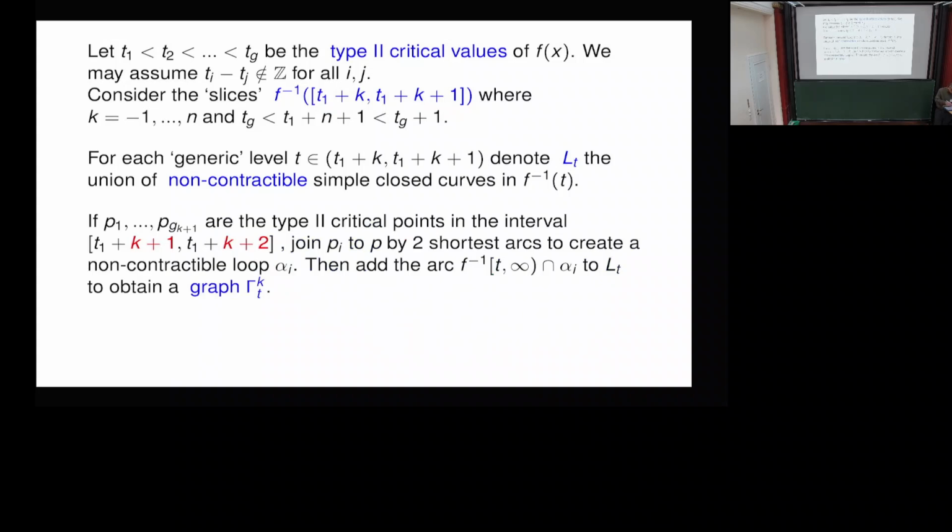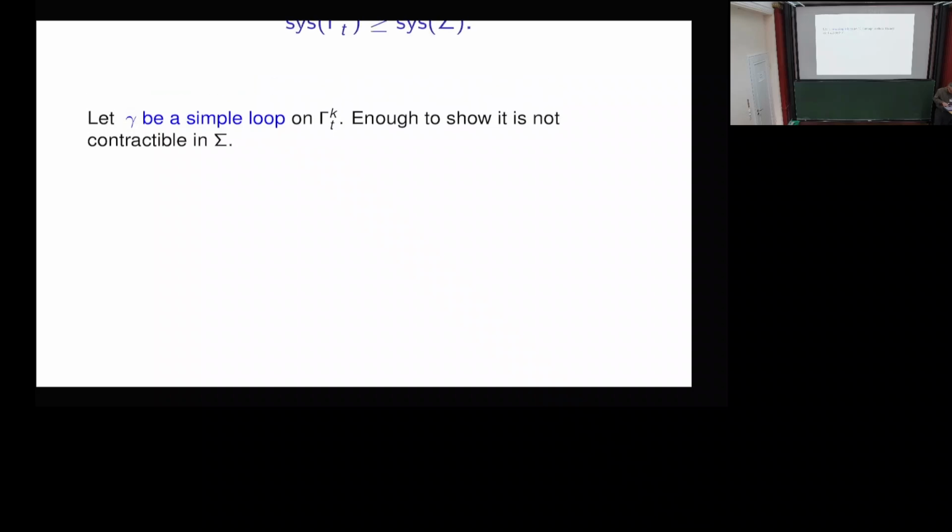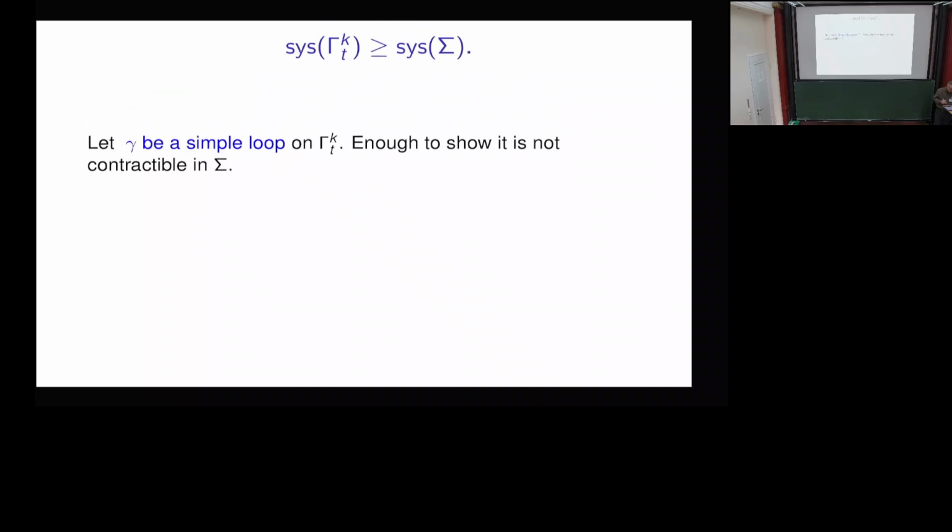So this is the construction of the graph that I explained also last time. We add the arcs, and now we want to show that for the graphs I constructed, the systole is greater in the graphs than in the surface.